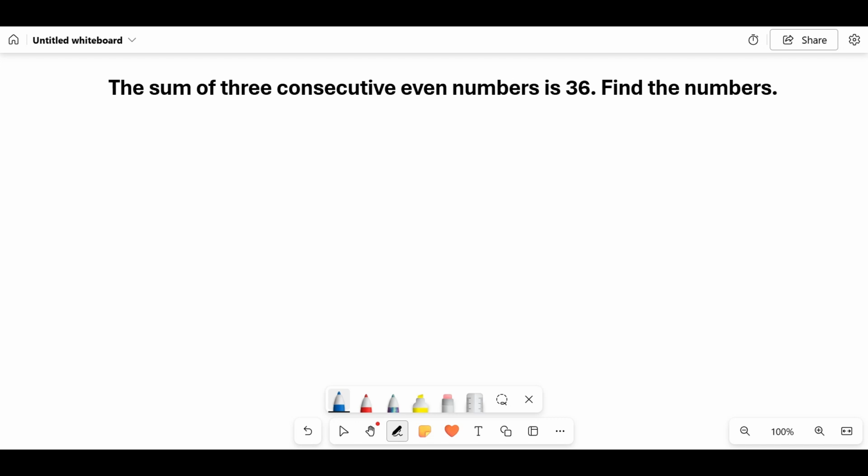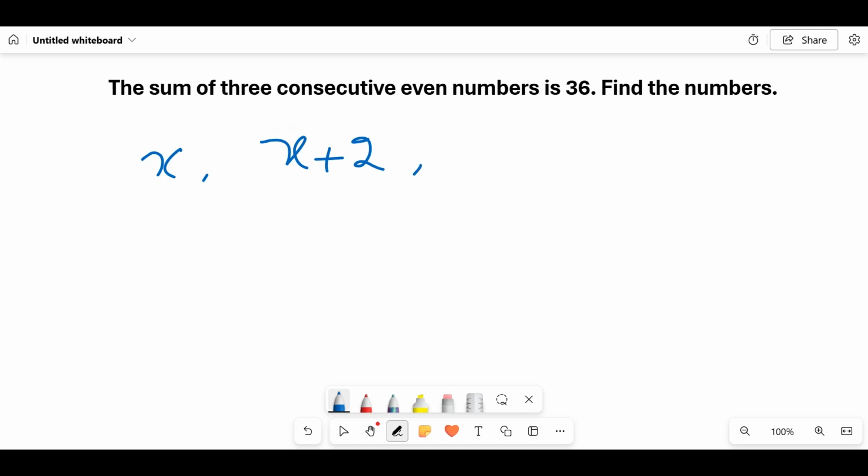So they are saying there are three consecutive even numbers and their sum is 36. In order to find the solution, let us assume the first number as x. We don't know the number, right? So I am assuming the first number as x, and the second number will be x plus 2, because that will be the consecutive even number.